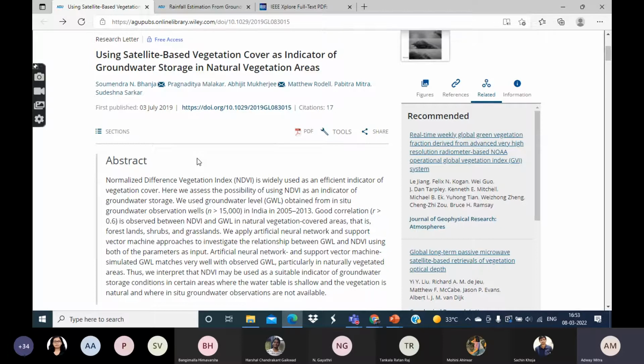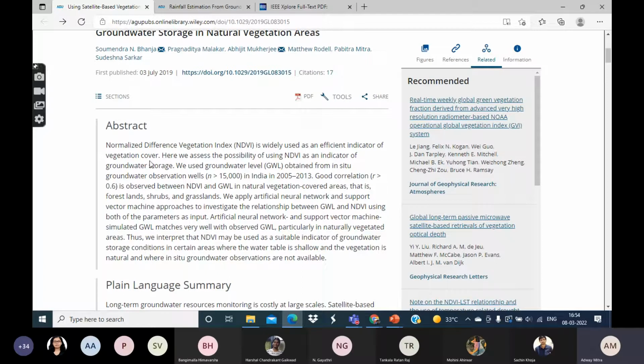If a particular pixel obtained from the remote sensing imagery has a higher component of greenness, that may suggest that the corresponding spatial location has a high degree of vegetation present in it, because we know the relation between greenness and vegetation. So this NDVI index, calculated from the satellite imagery, is used as an efficient indicator for vegetation cover. It is considered a proxy for vegetation cover.